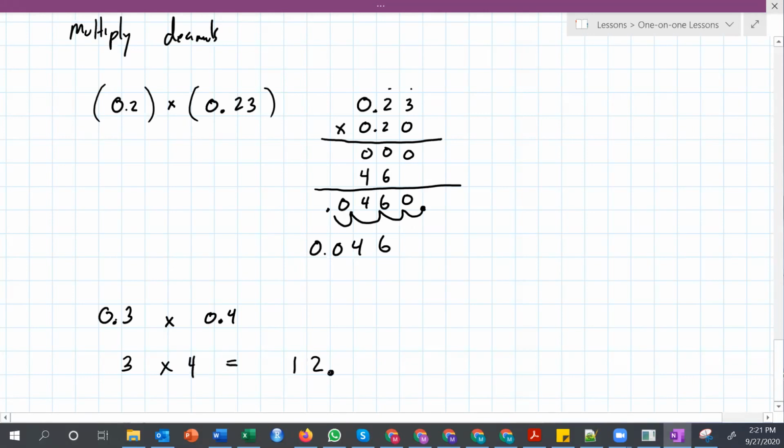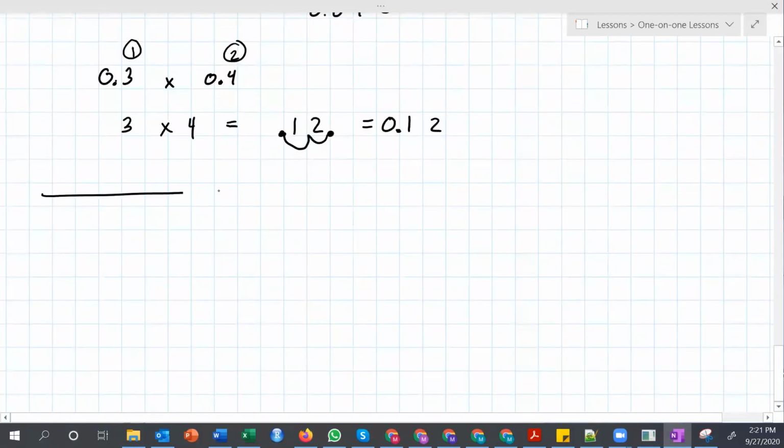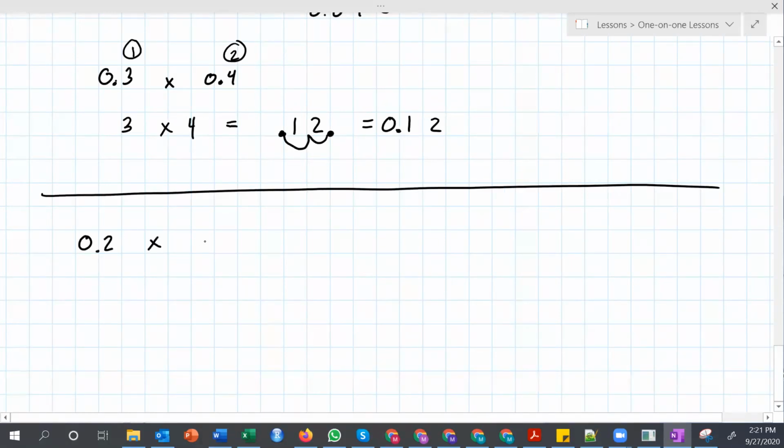Okay, and I put the decimal there, and then you count the number of decimal positions that you have, and then you go backwards that amount. So 0.12. Good. So try that technique for this problem. 0.2 times 0.34.